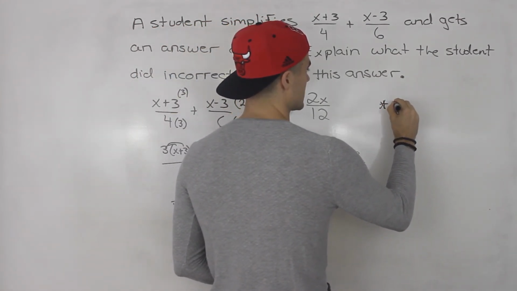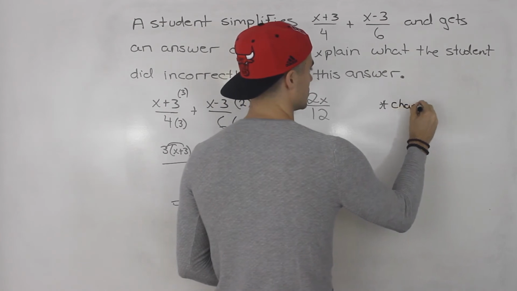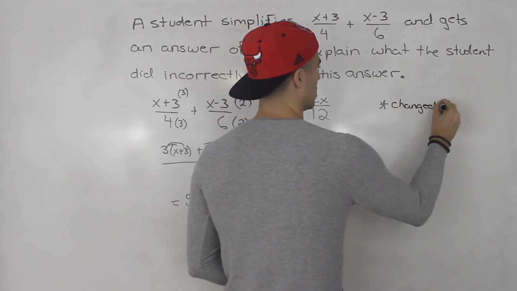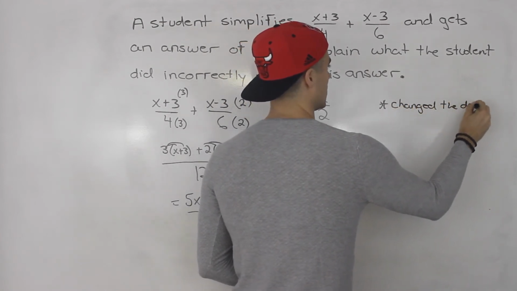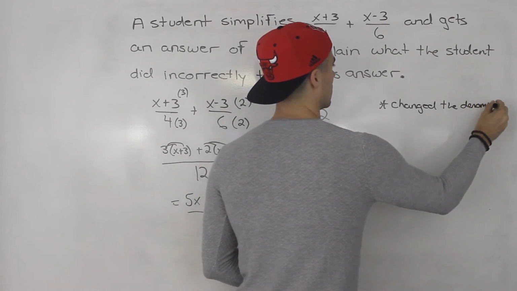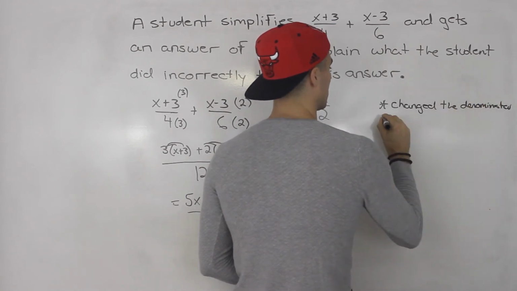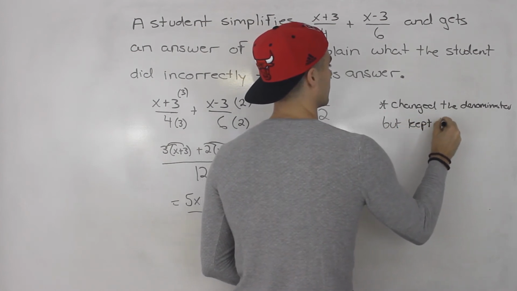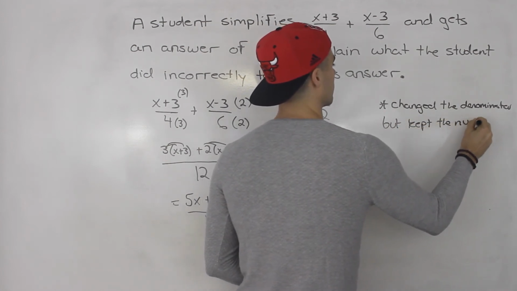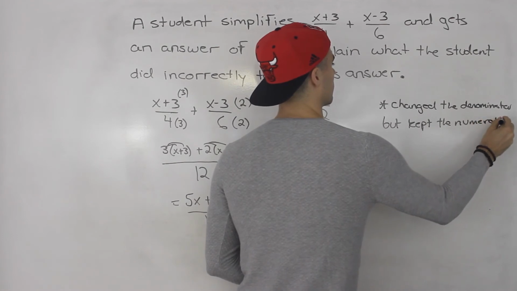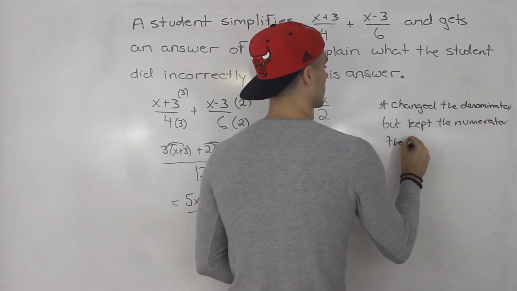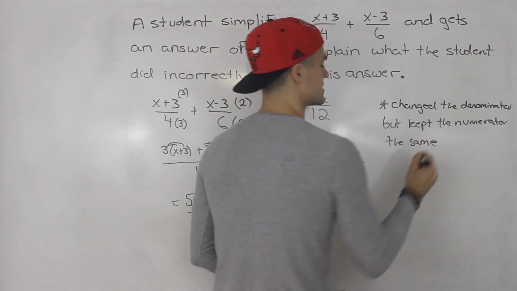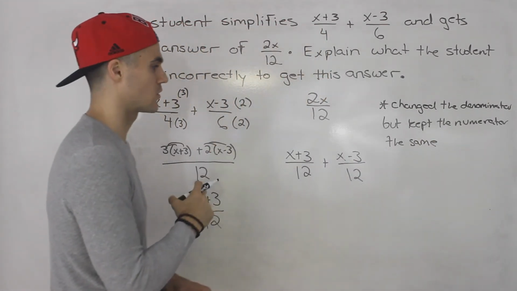I guess what you could say is they changed the denominator but kept the numerator the same. And you can't do that because then the fractions are not the same as they were before.